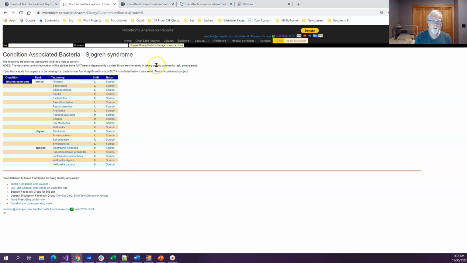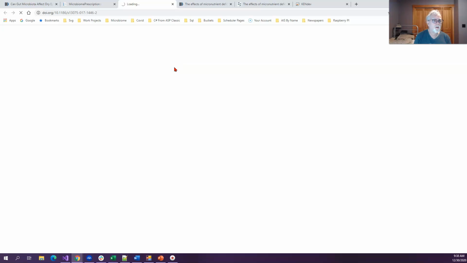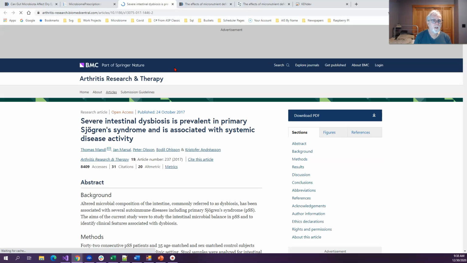In some cases, like what we were just looking at, it was looking at eye diseases and microbiome shifts. This is a specific eye condition, so it would be a subset. But again, we see the nature of it, and if you click here, you can see where the article is, go to the publication and read more up on it.